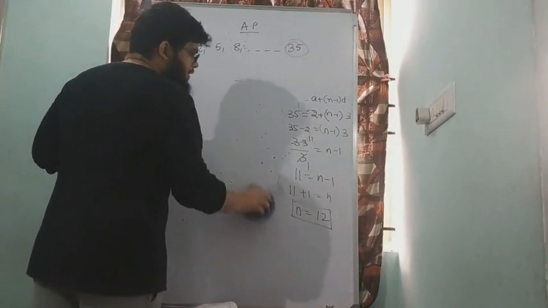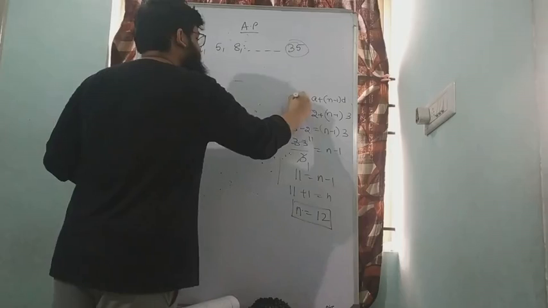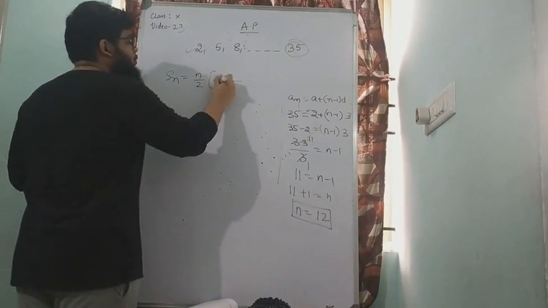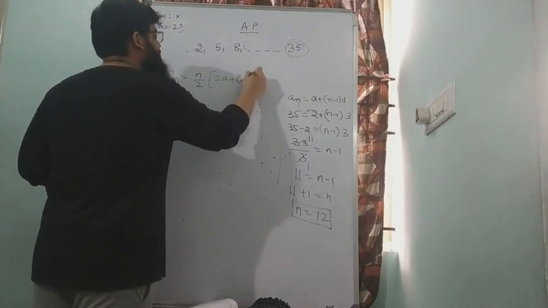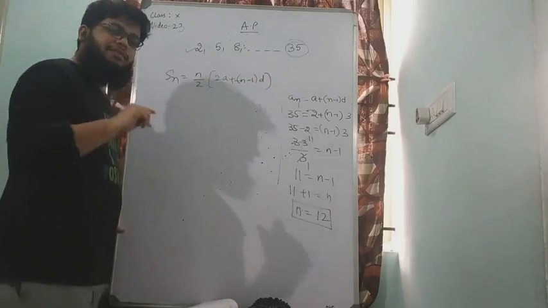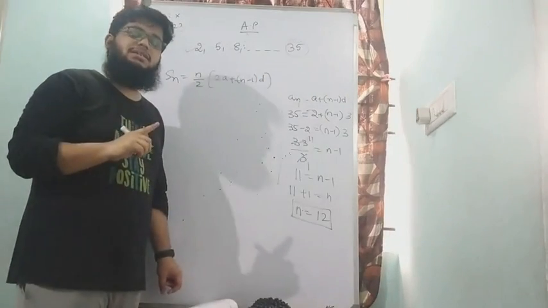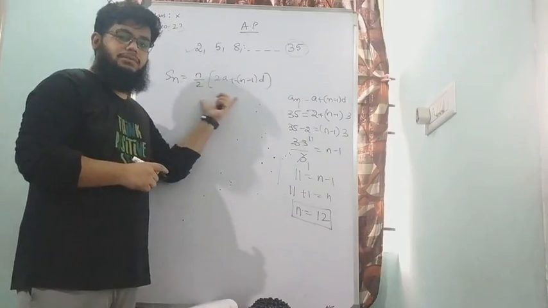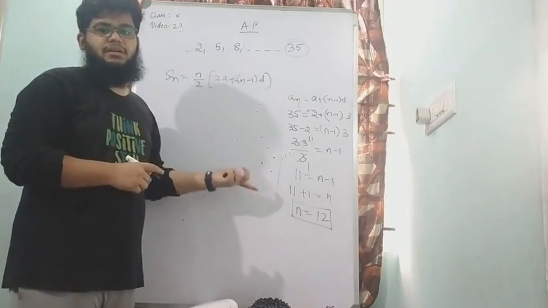I have a small thing to explain here as well. If I had made use of Sn is equal to n by 2 into 2a plus n minus 1 into d, would I have got the answer? Yes. Even if I would have made use of this longer formula, I would have got the same answer. How?